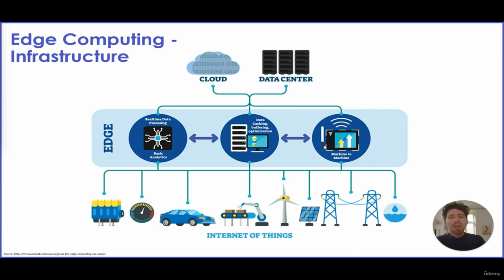The same is true when it comes to data storage, because you have to pay your cloud provider for the amount of data you're storing there. And if you reduce the amount of data storage up there, you also have lower costs. So basically, edge computing is enabling you to reduce latency times, to operate your devices in a more efficient way, but also to save on cloud storage costs.